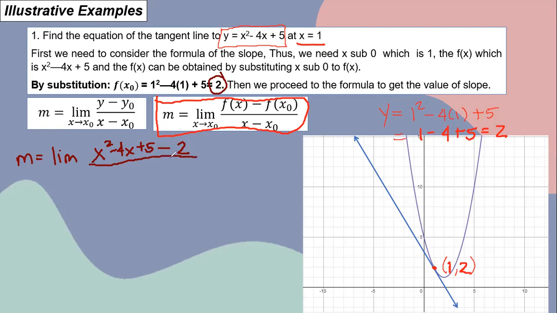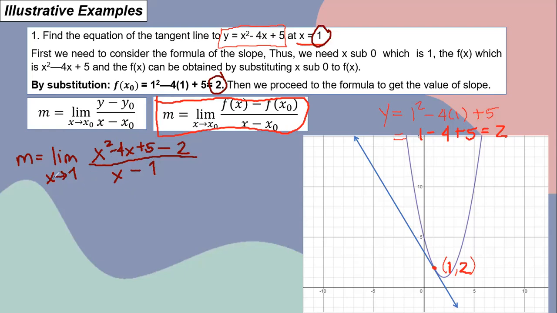All over x minus x sub 0, ano ba yung x sub 0? That is the given, okay, that is 1. Right? So huwag kakalimutan na ine-evaluate pa lang natin yung limit as x approaches also x sub 0. So which is 1. Okay?